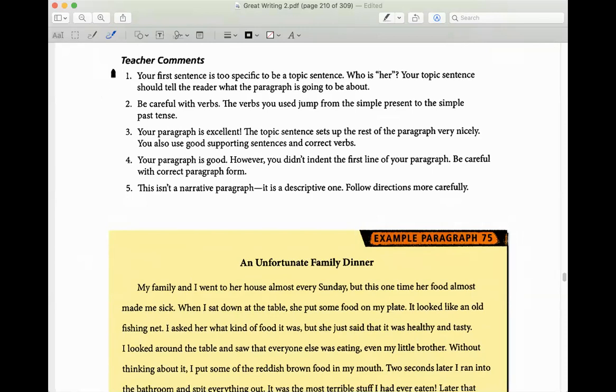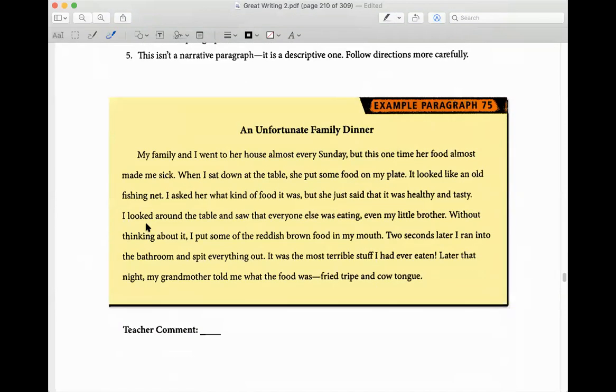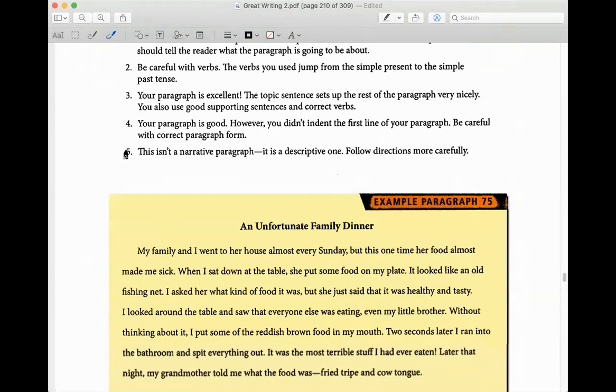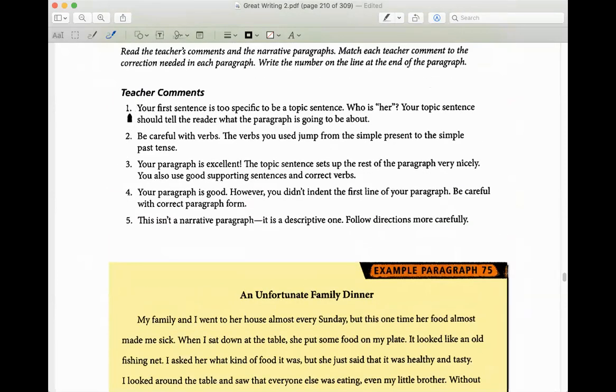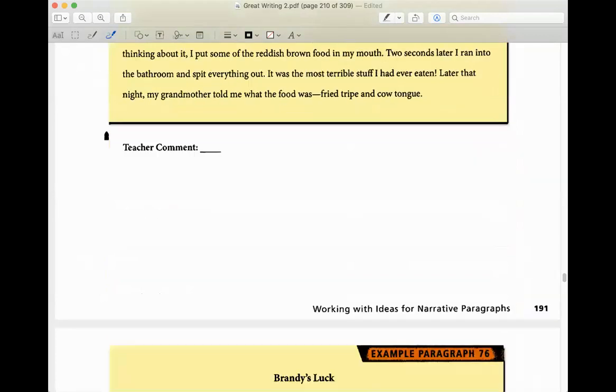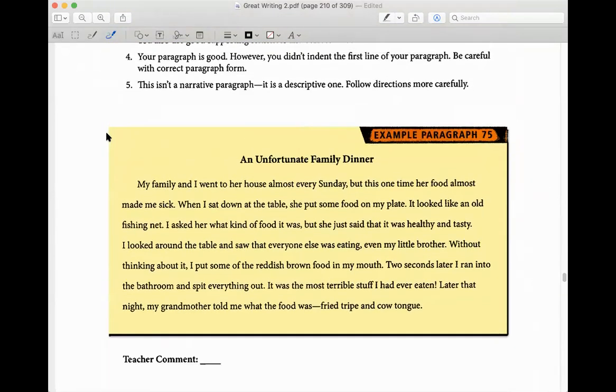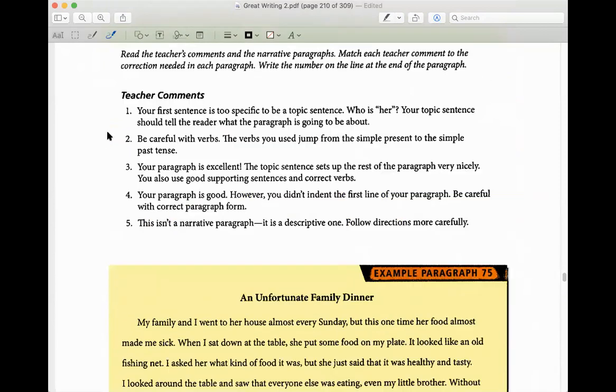Okay, here we've got some teacher comments about this paragraph. And you're going to match each comment to the correction needed in the paragraph and write the number on the line. Okay, so number one, your first sentence is too specific.